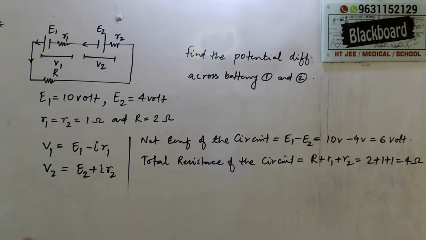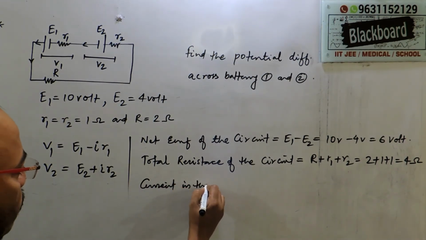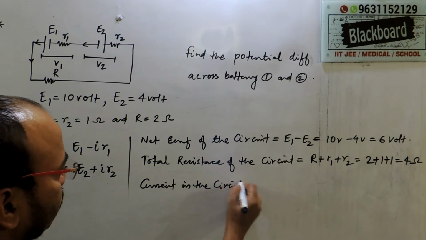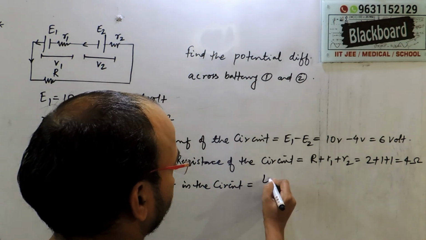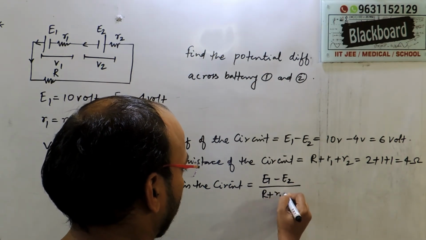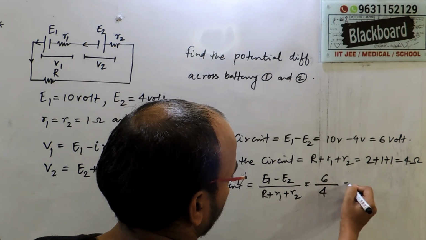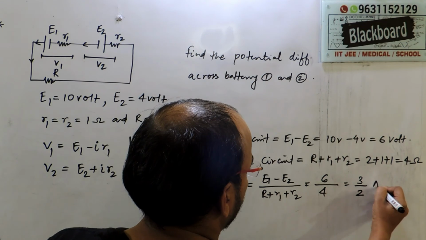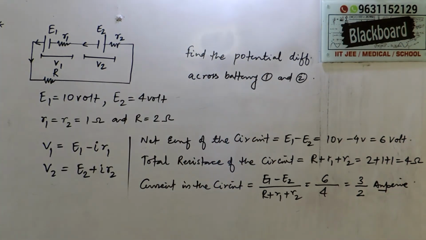So the current in the circuit is equal to E1 minus E2 divided by R plus R1 plus R2. That means 6 by 4, that means 3 by 2 ampere, that means 1.5 ampere.